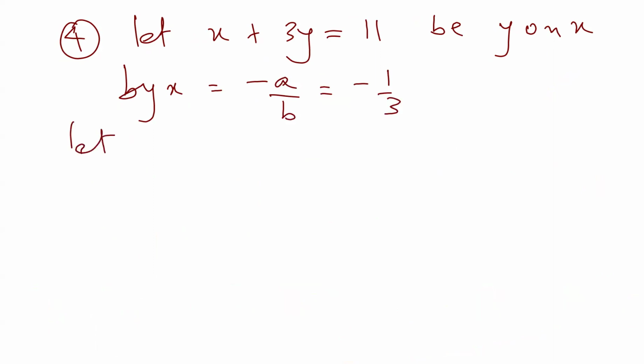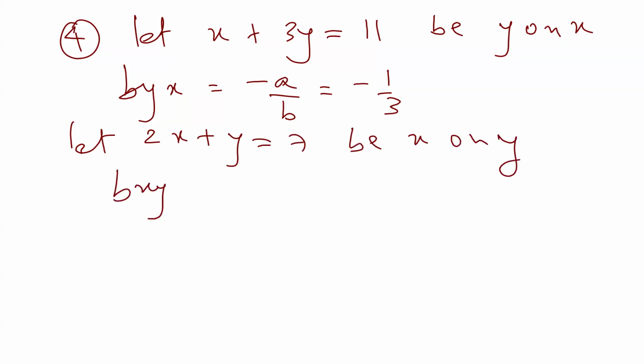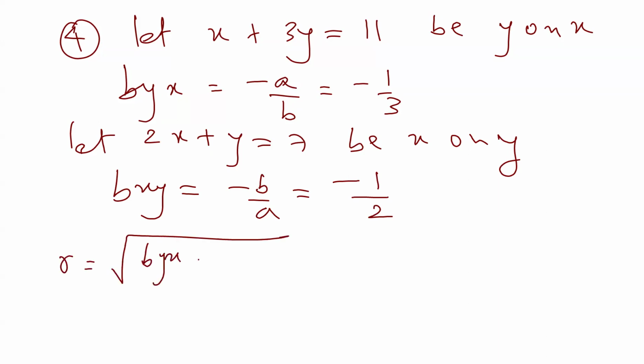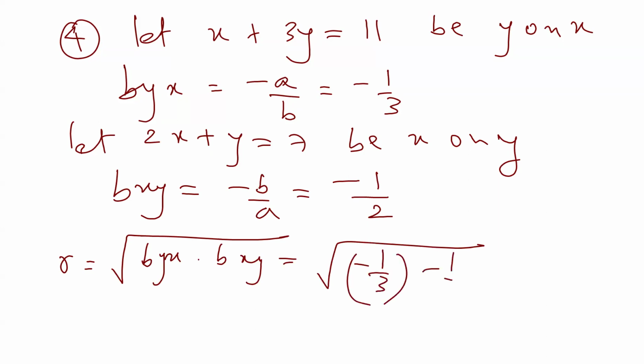And let the second line, 2x plus y equal to 7, be x on y. So bxy is equal to minus b by a. B is the coefficient of y and a is the coefficient of x. r is equal to root of byx into bxy, minus 1 by 3 into minus 1 by 2, which is equal to root of 1 by 6.